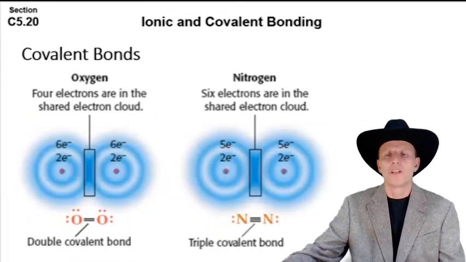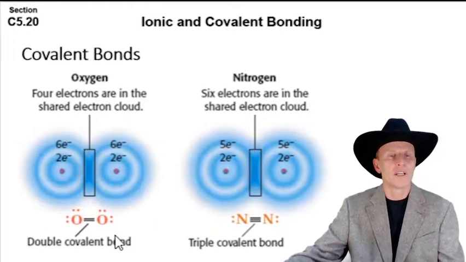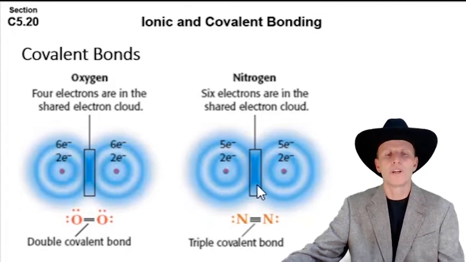Atoms do not always share electrons equally. An unequal sharing of electrons forms polar covalent bonds. Also, atoms may share more than one pair of electrons. For example, the oxygen will share two sets of electrons, creating a double covalent bond. Two nitrogens will share three pairs of electrons, creating a triple bond.